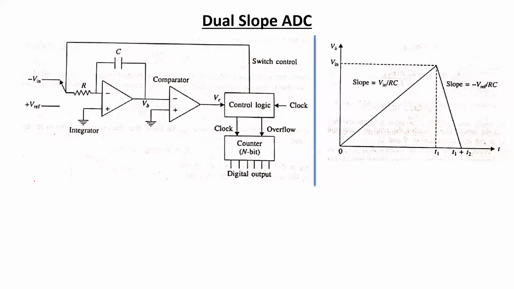But in case of dual slope ADC, as the effects of R and C are eliminated from the conversion duration, the data obtained is supposed to be more accurate compared to the single slope ADC. The expression for total conversion time, if we represent the total conversion time by capital T, would be T1 plus T2.